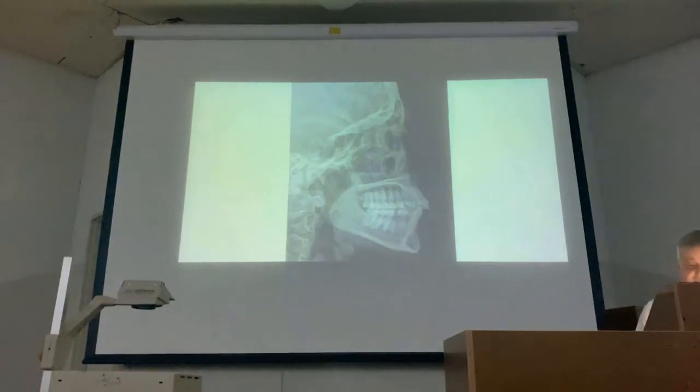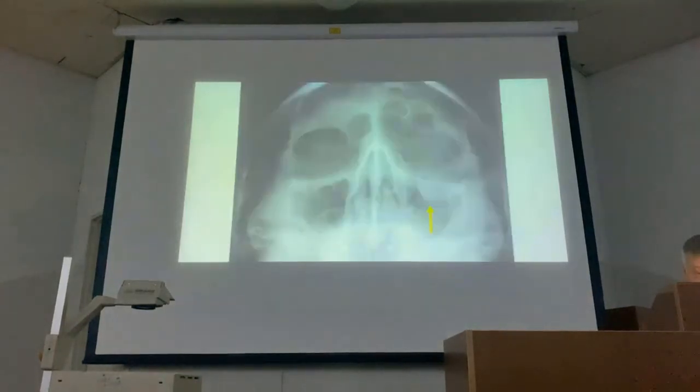Remember, it's lines and bubbles. Is there an abnormal line here? The answer is yes. Here is an abnormal line. This is a fracture in the face. Here the yellow arrow is indicating a bubble which is not present on the other side.